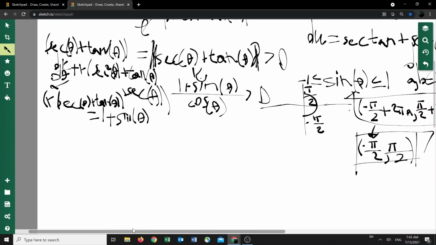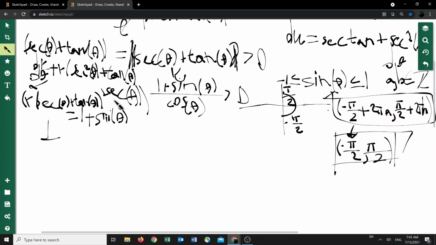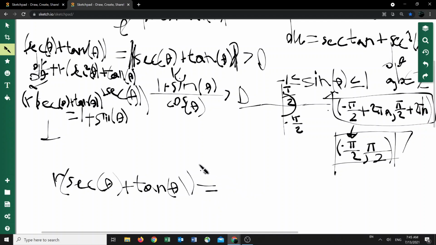Okay, so when we integrate both sides, we get r times secant theta plus tangent theta equals, well, when we integrate this, it's just another basic integration, theta minus cosine theta plus c.